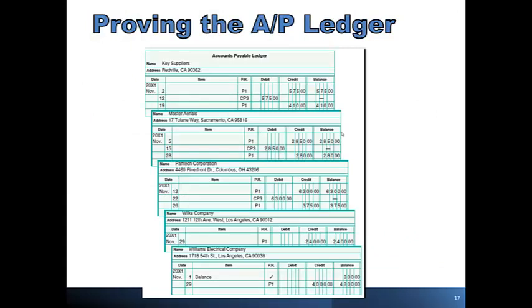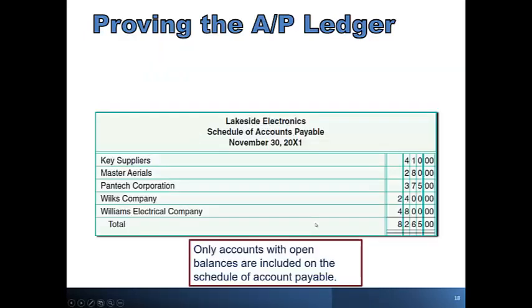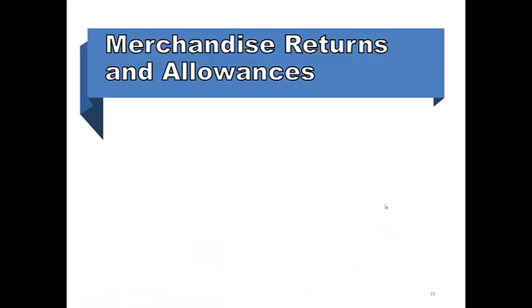Okay, and so when we prove our accounts payable ledger, we just add up the ending balances and make sure that they equal our balance in the accounts payable account in the general ledger.